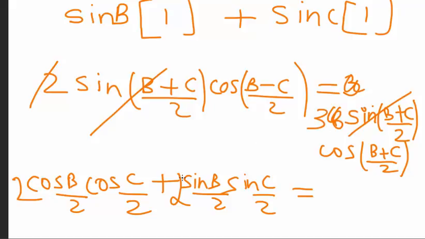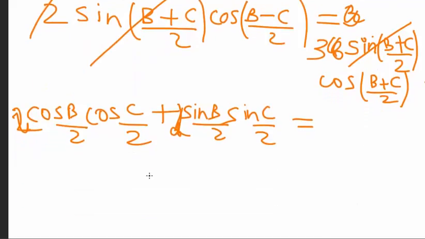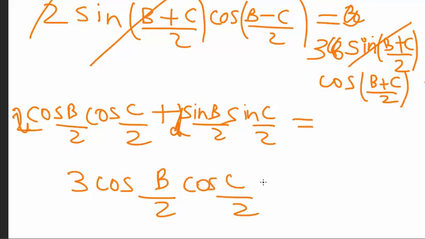If I do that, I can just ignore this coefficient, right? And this right hand side will become 3 cosine of b by 2 cosine of c by 2 minus 3 sine of b by 2 sine of c by 2.